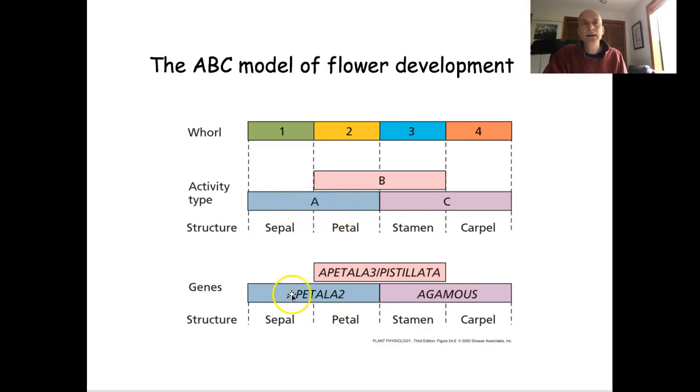We saw that Apetala 2 was expressed in whorls 1 and 2, where sepals and petals are produced. Apetala 3 and Pistillata, both of those genes, were expressed in the B region, whorls 2 and 3, where petals and stamens are produced. And then Agamous was producing stamens and carpels in whorls 3 and 4.